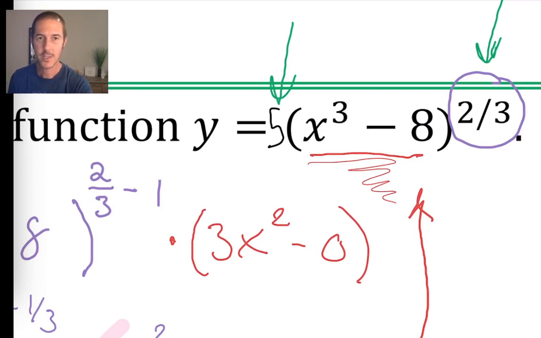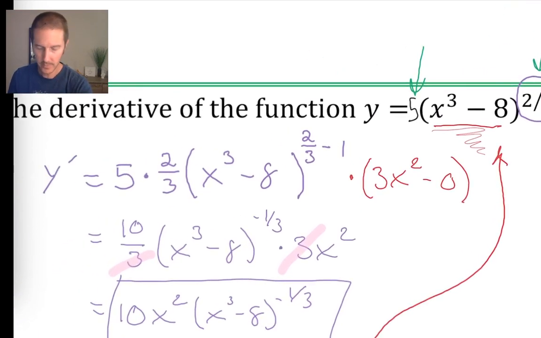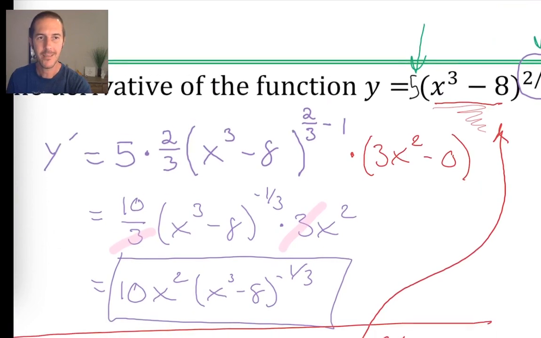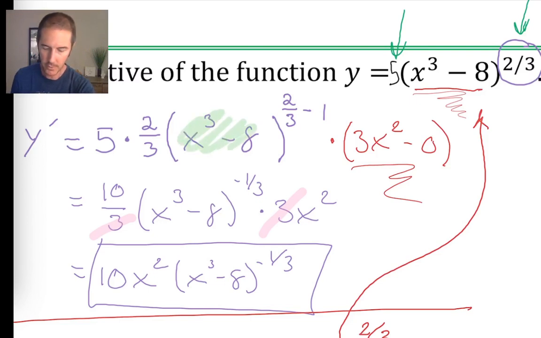So what I just did in this example problem is exactly what you've been doing all along. We've just tacked on this additional part, okay? In our previous examples, this stuff was just an x, and this was just an x, which meant that this was just a 1. That's what we've changed in our progression to this third section of this chapter.